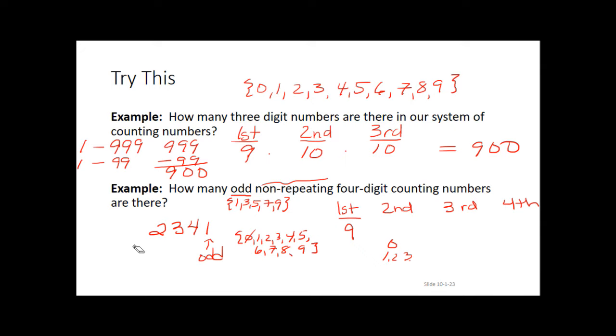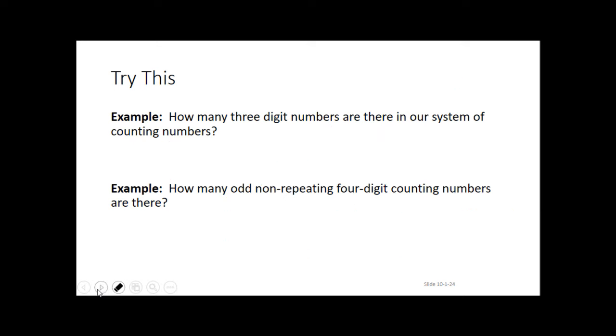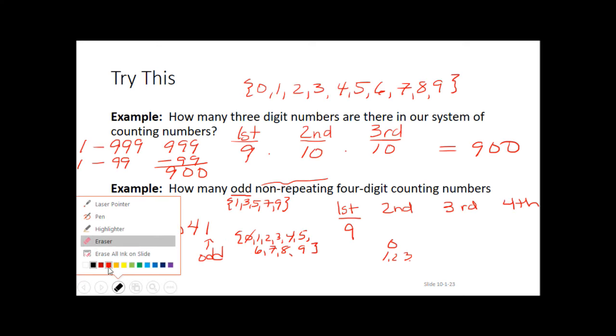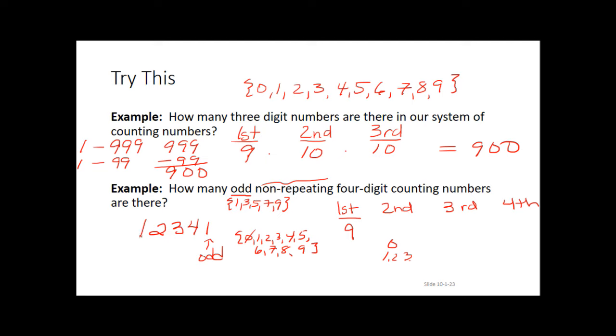Oh, good question, Maria. She asked, why did I use a 2 and a 4 in this number if it's supposed to be odd? And the answer to that is, in order for a number to be an odd number, it just has to end in an odd digit, right? So remember, even and odd are just alternating in our number system.